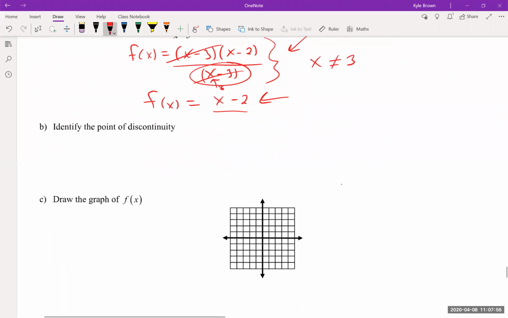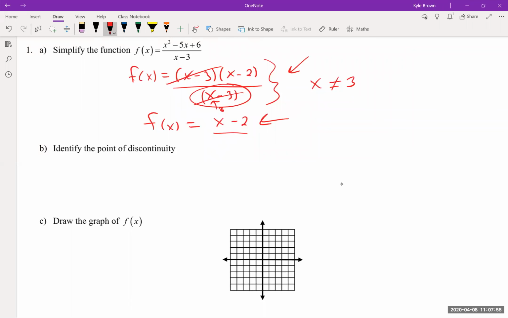But you can see that I'm no longer dividing by anything. The new function doesn't even have anything in the denominator. So what this becomes is called a point of discontinuity. If we had f of x is equal to x minus 2, at the point of 3, where we said we're not allowed, f of 3 is equal to 1.